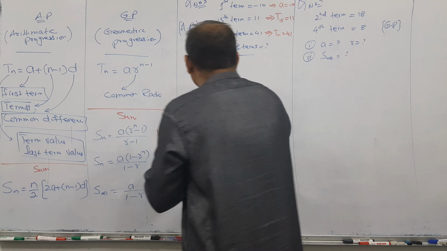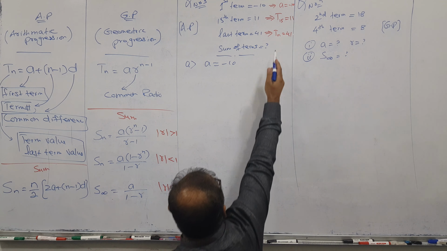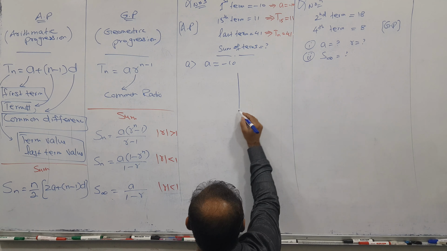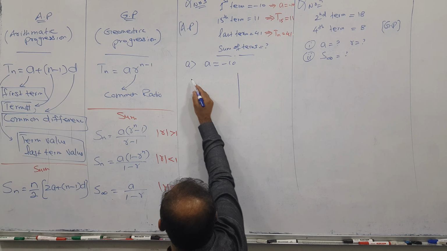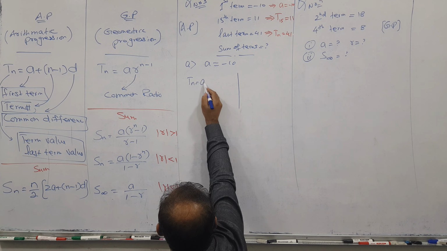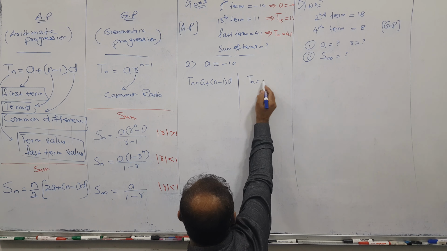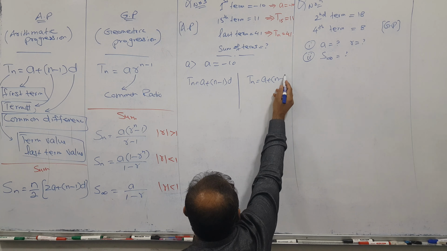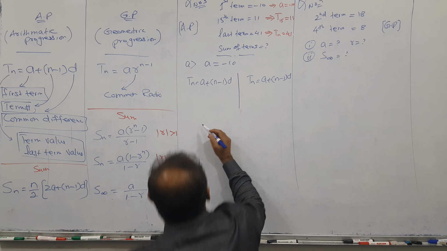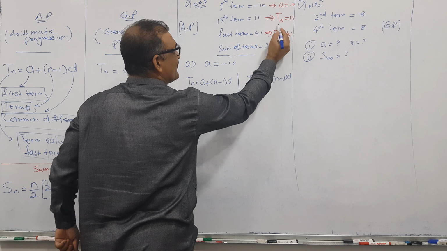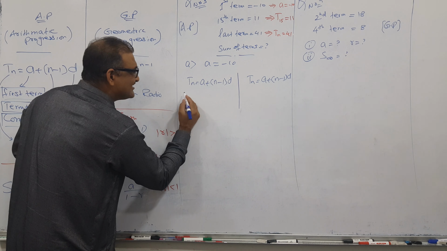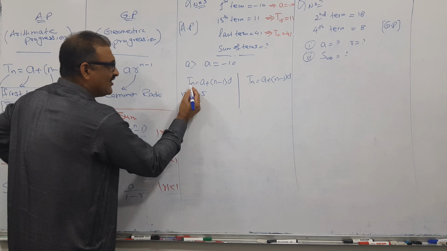Because I have two equations for Tn, I will make two formulas, and I use this formula both times: Tn equals A plus (n minus 1) into D. Here n is 15, so I replace n with 15.